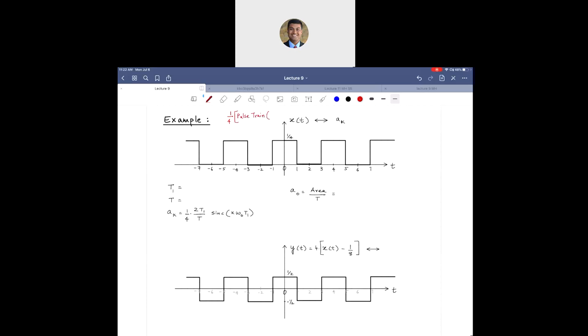What do I need to use for T1 and T? T1 is going to be 1, because this is 1, and capital T is going to be 4, because this is 4.